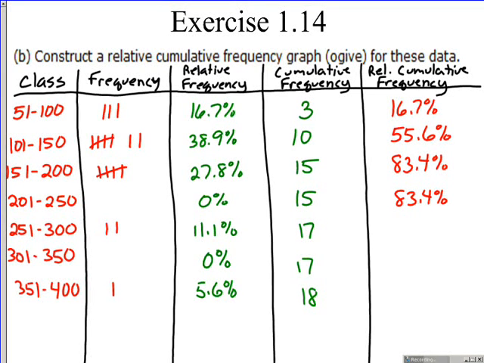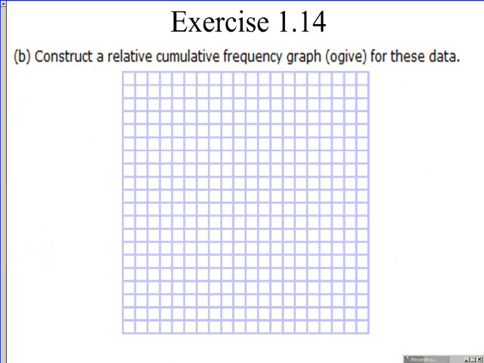Up through our next one is going to be 94.5%. And finally, adding the last one in is going to take us up to our 100%. That now is going to allow us to construct our ogive here on the next slide.